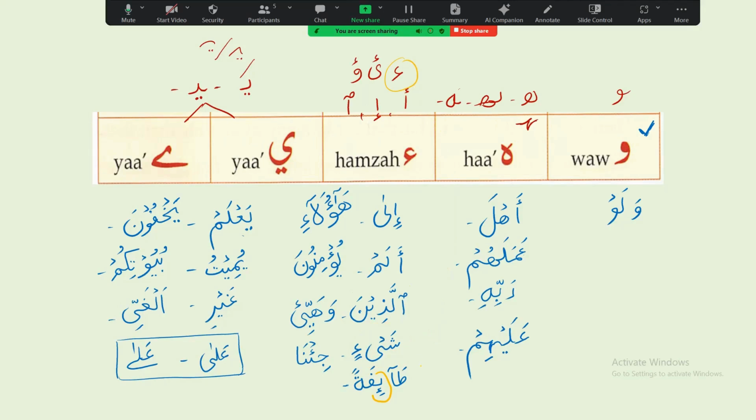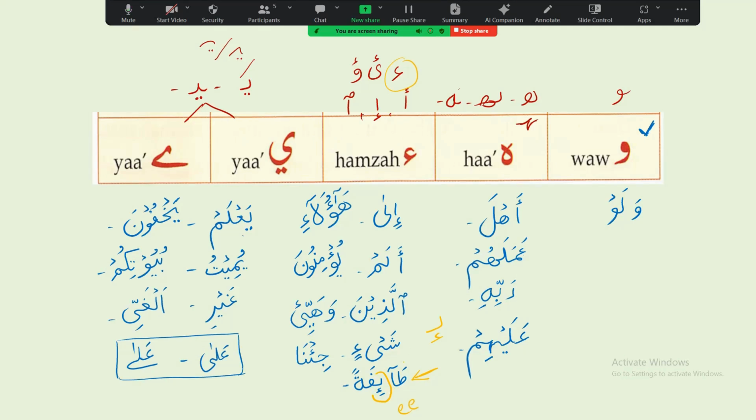Sometimes you will find Hamza like this as well, sisters, written in a shape below something like this. This is also Hamza, right? In this word, ta'ifatan, an E sound of Hamza. Ta'ifatan.